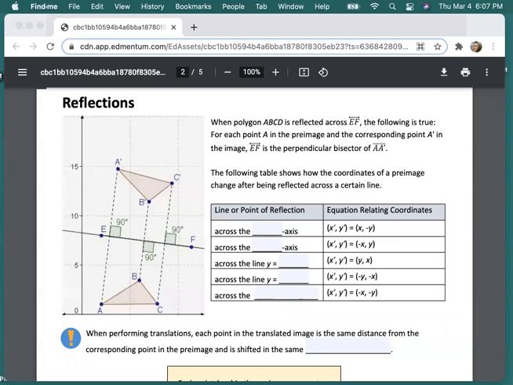Now we have a table. The following table shows how the coordinates of a pre-image change after being reflected across a certain line. If the y is negative, that means we're reflecting it across the x-axis.